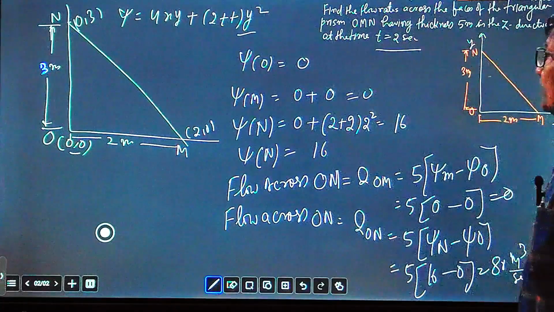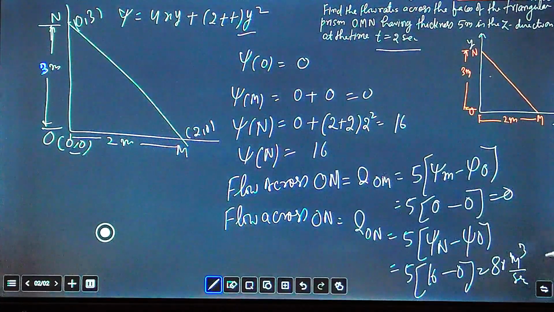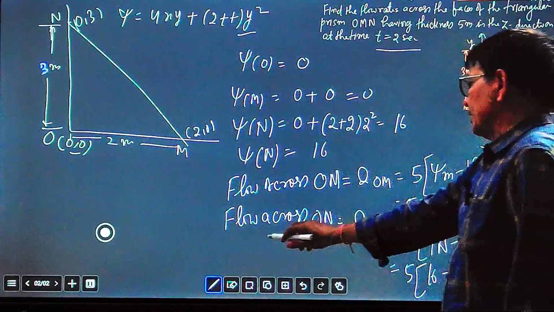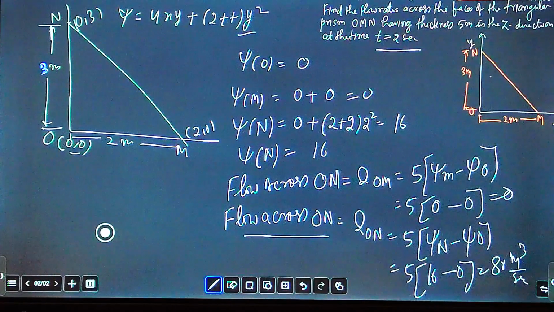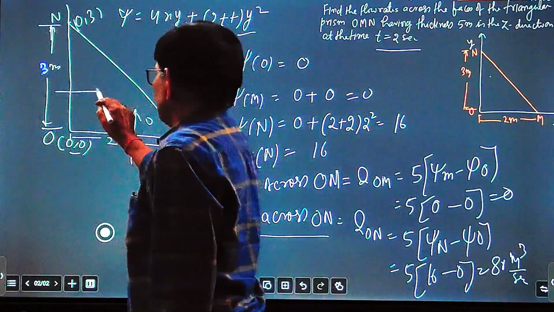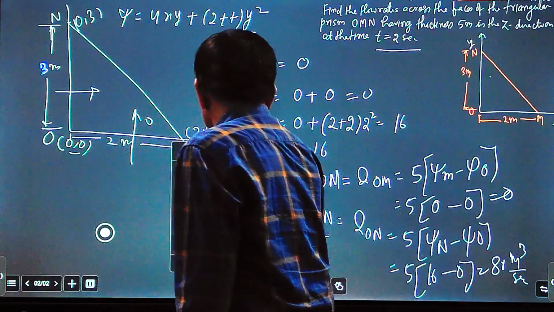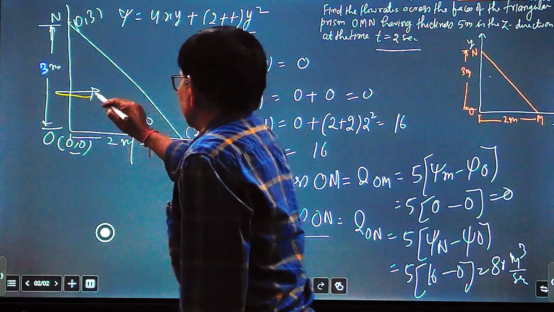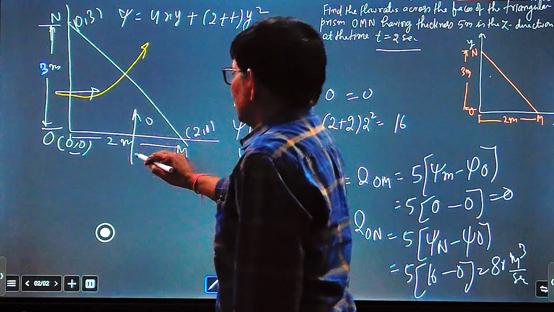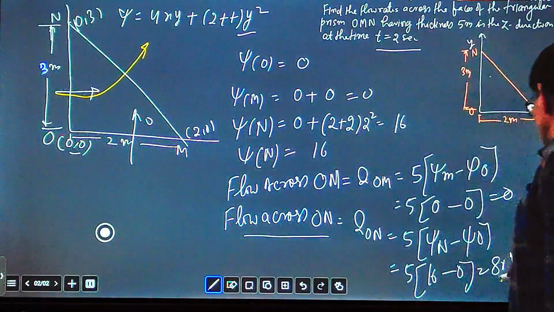Similarly, you can find the flow across NM. That will be the same value that we calculated for the flow across ON, because across this one it is 0 and across this one it is 80 meter cube per second. So that flow will be the same, because on this side there is no flow and on this side there is 80 meter cube per second.